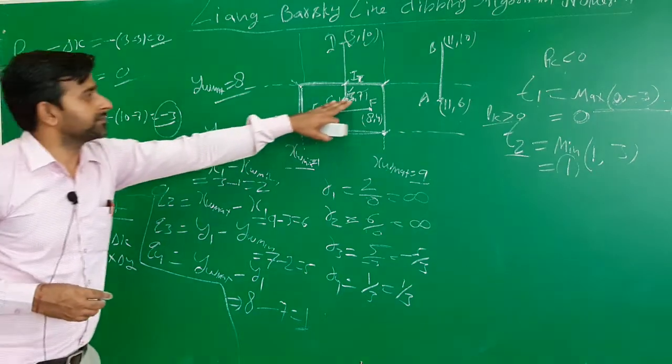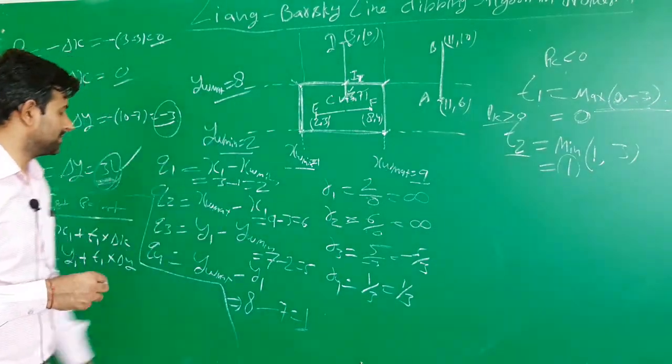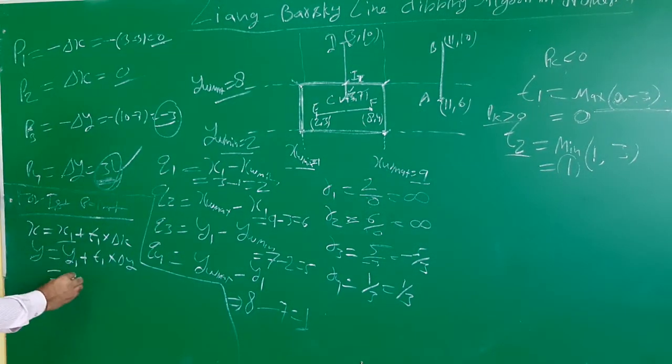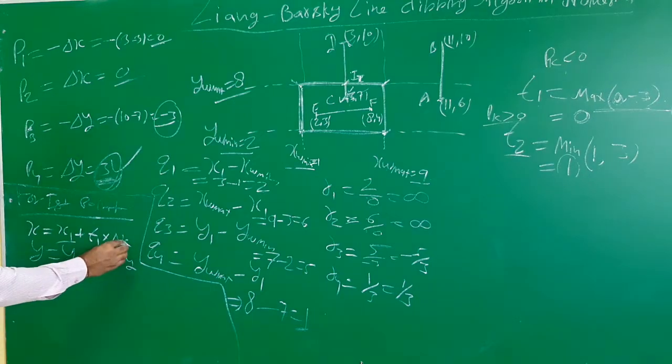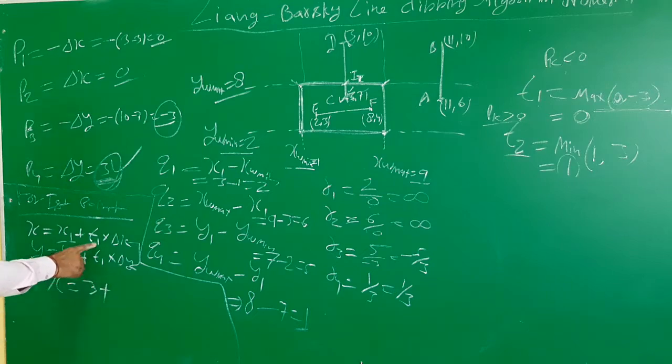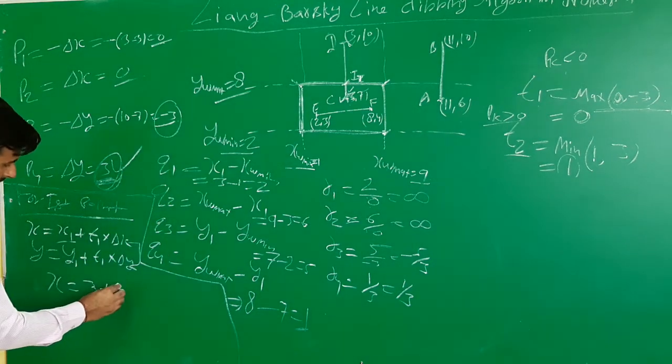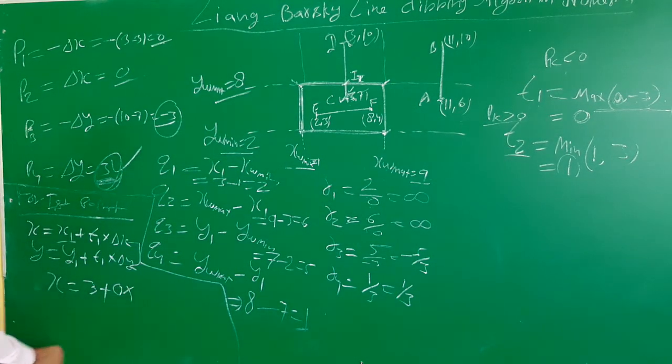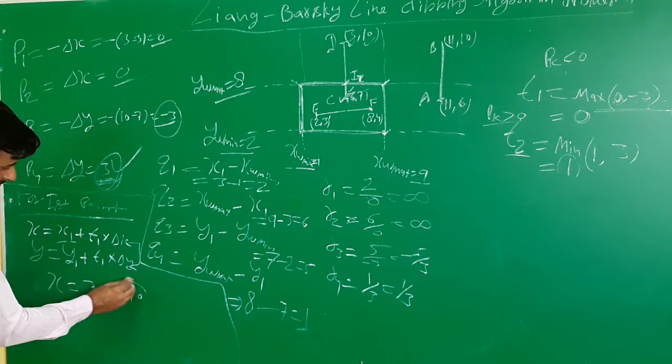x1 is 3 and y1 is 7. From these two equations, x equals x1, which is 3, plus T1. T1 is 0, and we multiply with 0, which gives 0.